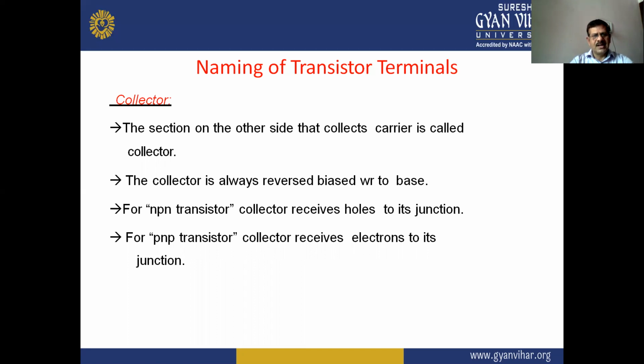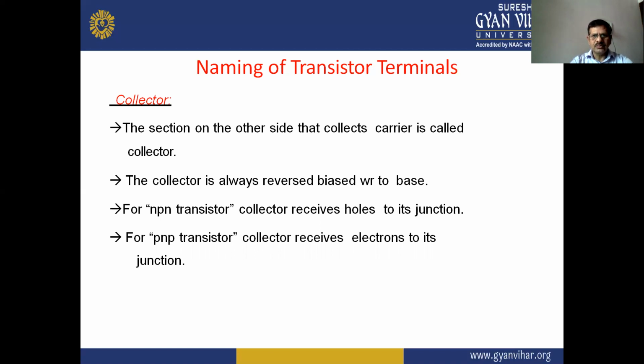For an NPN transistor, the collector receives holes at its junction, while for a PNP transistor, the collector receives electrons at its junction.